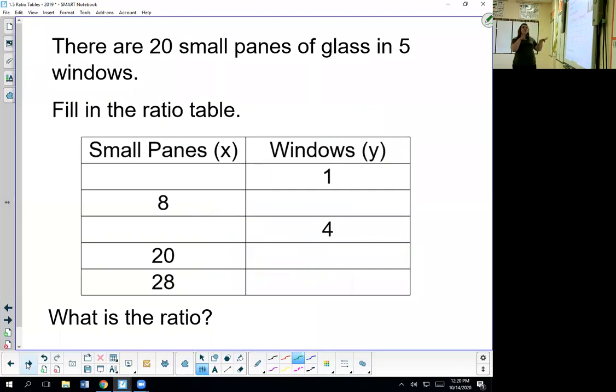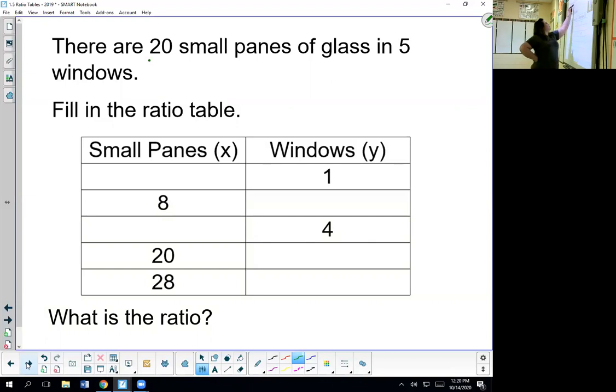This time I actually have some information. There are 20 small panes of glass in 5 windows. So let's figure out what the rate is, okay? Fill in the table. How many small panes are there? Not panes for a window. It's like sections of the window in 1 window.